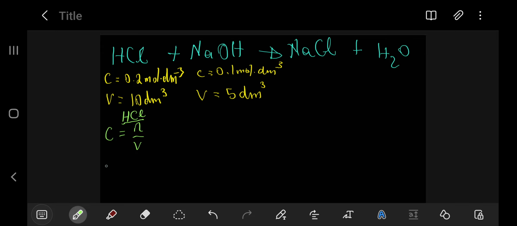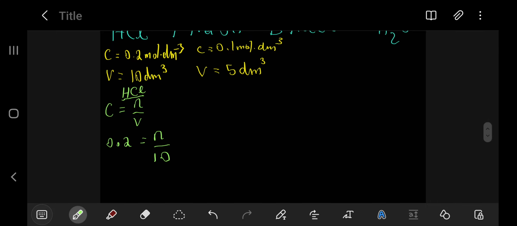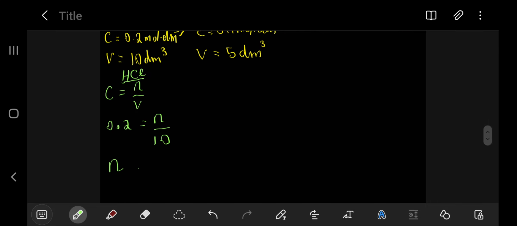Concentration is 0.2, and we want to find the number of moles, and the volume is 10 cubic decimeter, right? So we have 2 moles of the hydrochloric acid available, right? So this is the first step that you need to do.